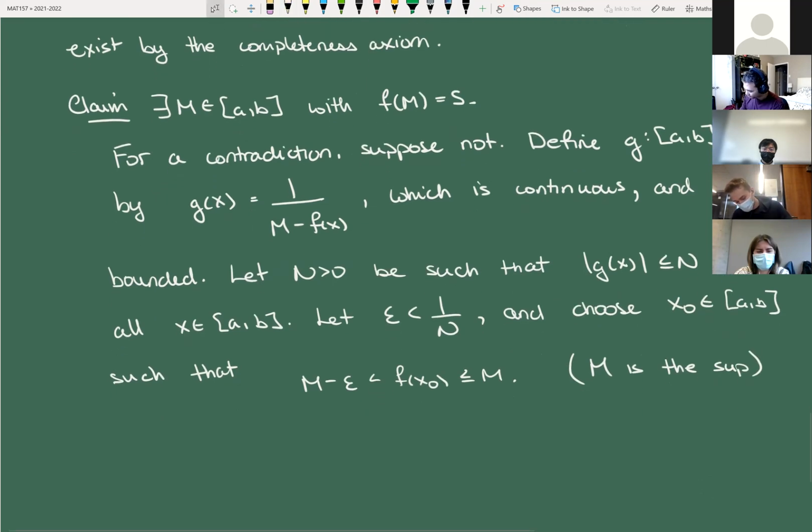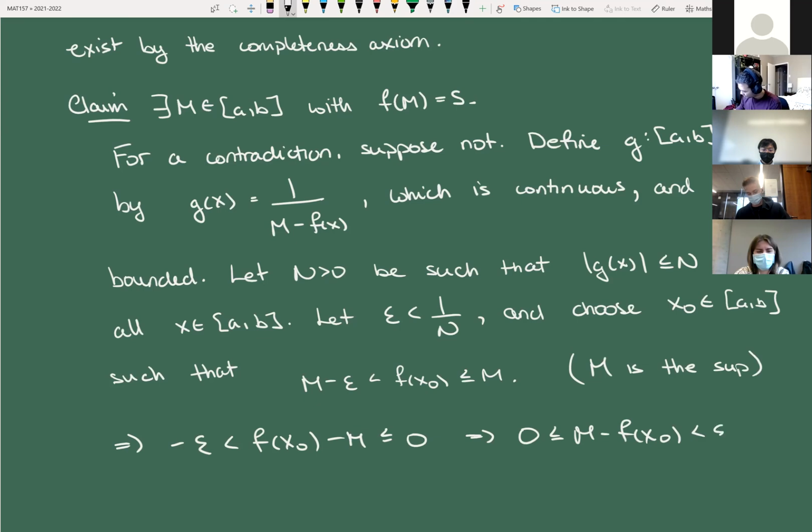But then m minus f of x naught is greater than epsilon. Here, let's do it more carefully. So f of x naught minus m, like that. If I put in the negative sign, I'm going to get 0 is less than or equal to m minus f of x naught, which is less than epsilon.